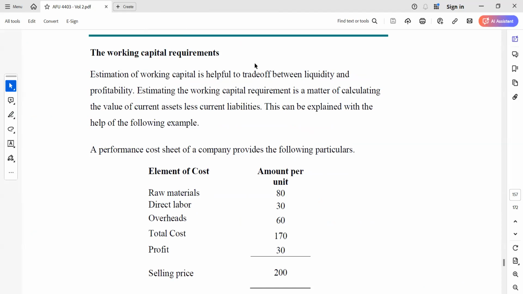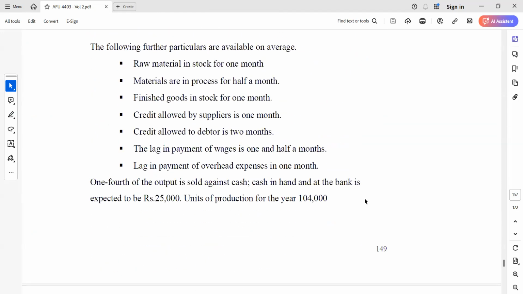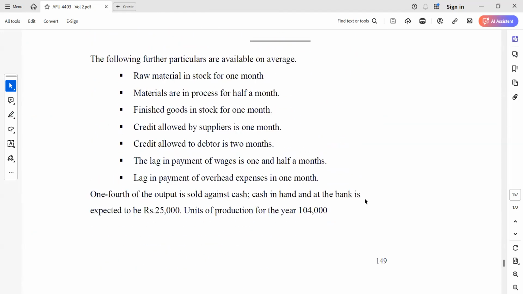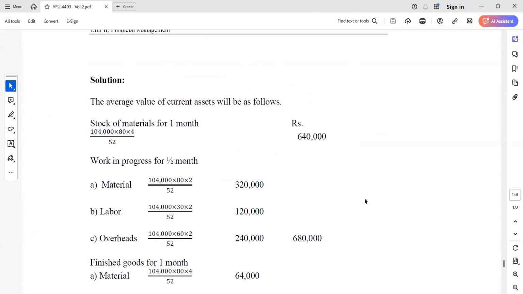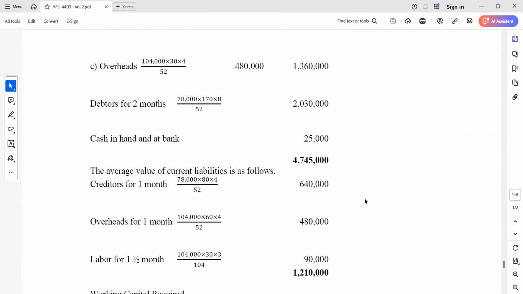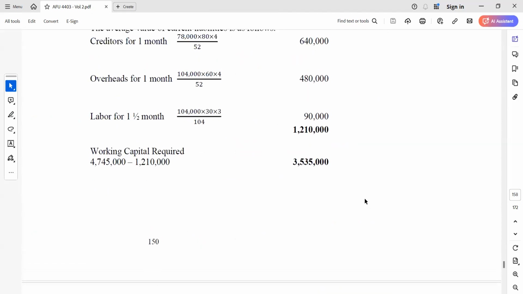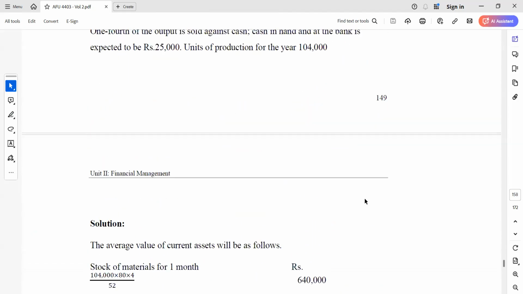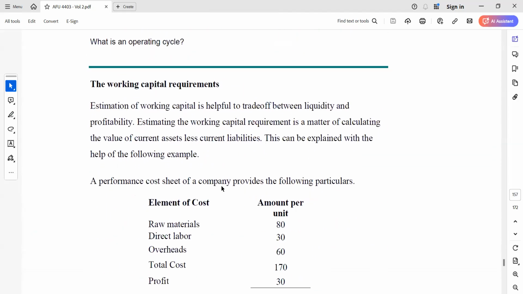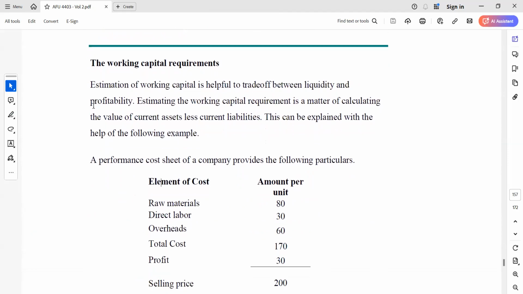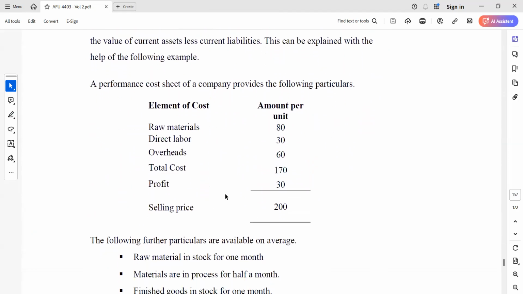What is the page number? Are you referring to this? 150, sir. Are you referring to this example? Yes, sir, 150.